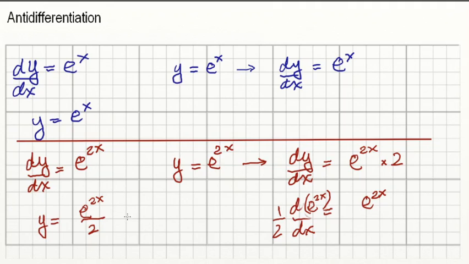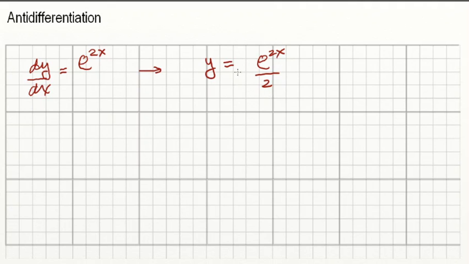And there is some special way to formalize that. Usually, you're going to see in your books the use of the capital F for the antiderivative. So let me show you. So we just discussed that dy dx equals e to the power 2x means that y would be e to the power 2x over 2, right?